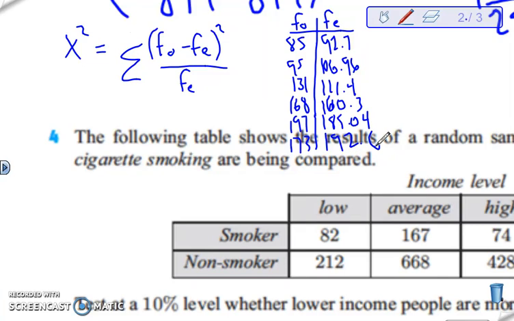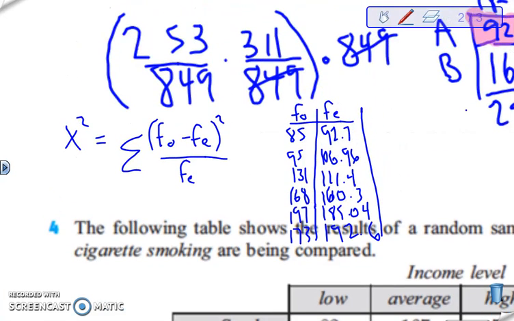Alright, and so finally, from here, we should be familiar with the steps because they are the same as what we would do for our standard deviation. So we'll create a list using our calculator for FO minus FE. Create another list for FO minus FE squared.